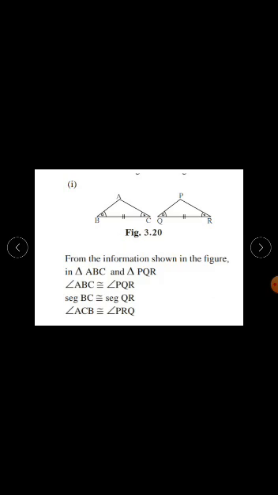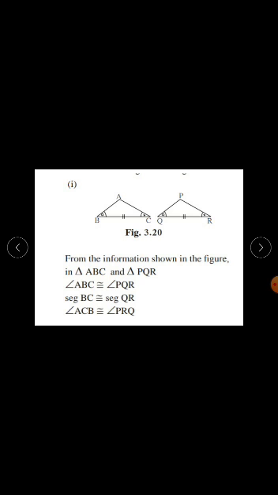So after that it is given, therefore angle BAC is congruent to, BAC means this angle. Now these two triangles are congruent by the ASA test, which means their corresponding sides and corresponding angles are congruent.